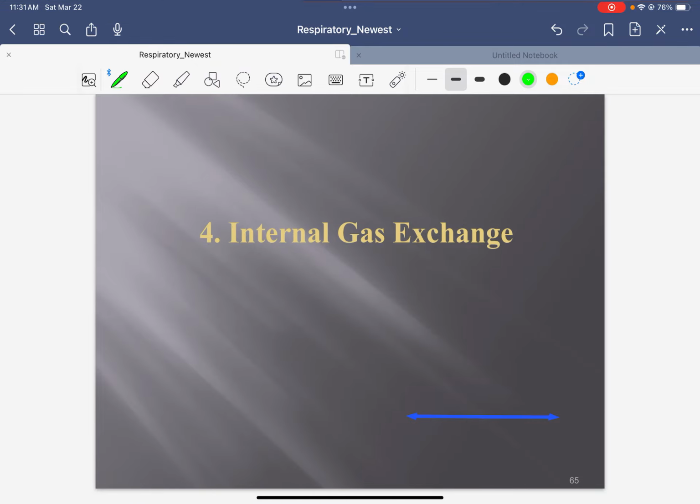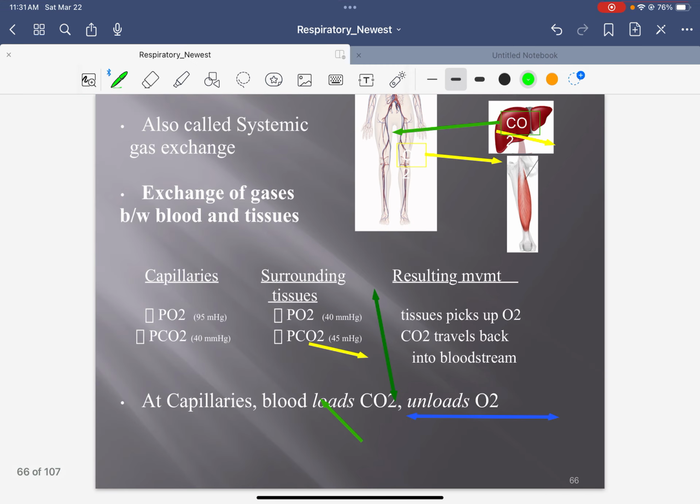Okay. Now we're going to get to our second and final gas exchange, which is internal or systemic gas exchange. Remember, people get this confused. Just memorize the definitions. We can use these interchangeably.